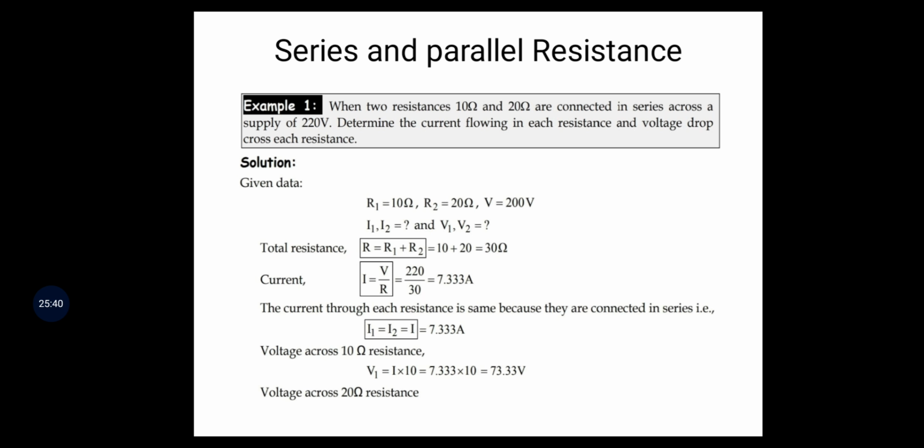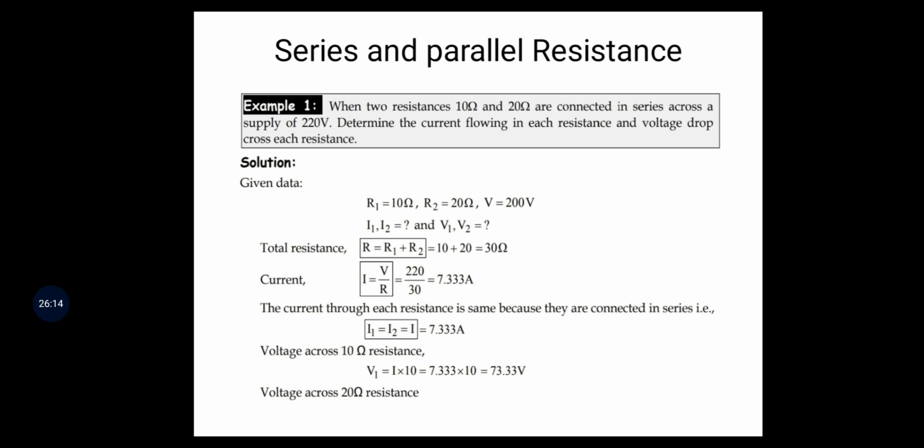These are connected in series, that's why the total resistance R equals R1 plus R2, that is 10 plus 20 equals 30 ohms. The current I, by basic Ohm's law, equals V by R, that is 220 by 30, which is 7.33 amperes.